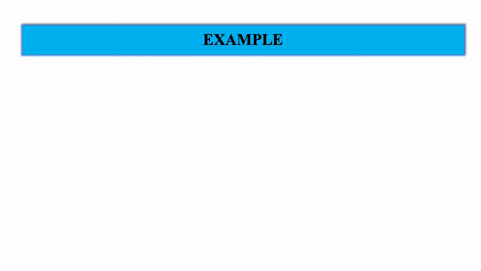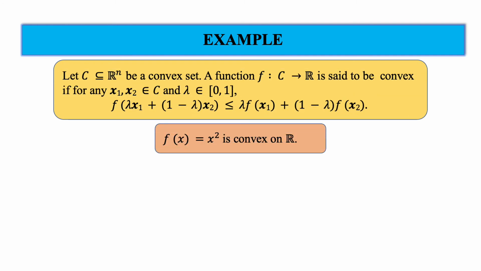Now suppose we have to show that the function f(x) equals x square is a convex function. Again we apply the same definition, f of lambda x1 plus 1 minus lambda x2, which is lambda x1 plus 1 minus lambda x2 whole square.